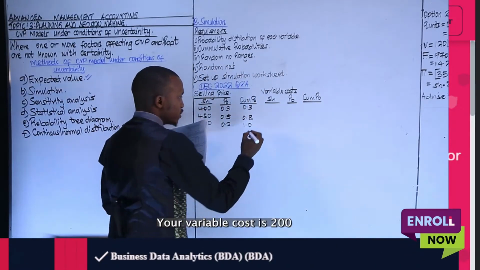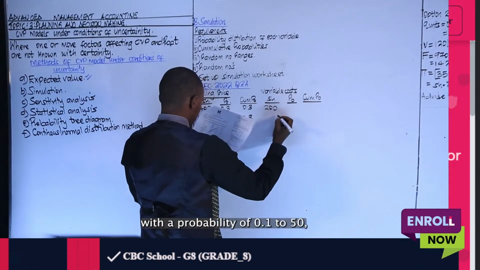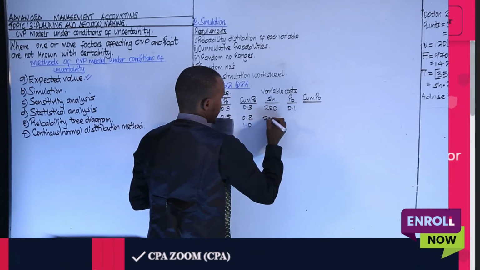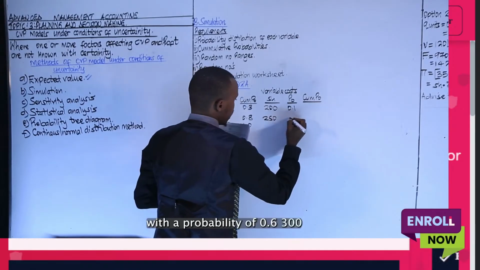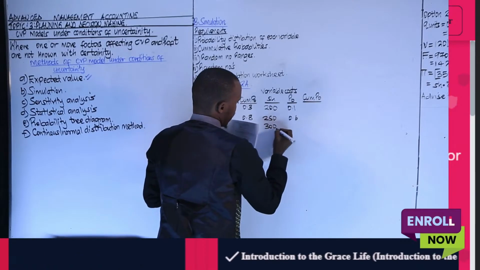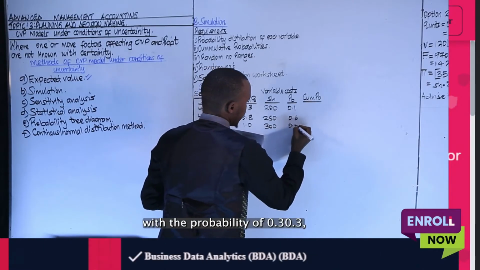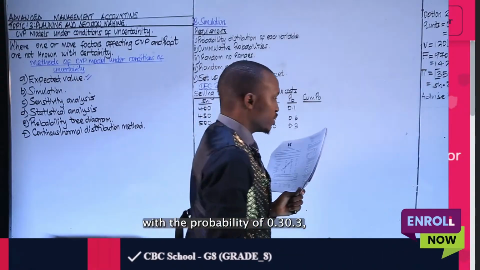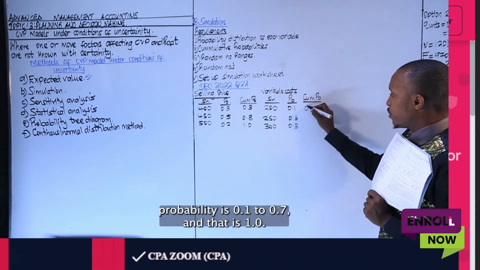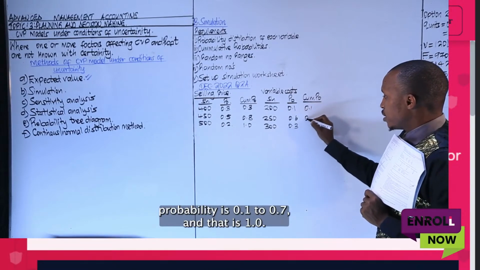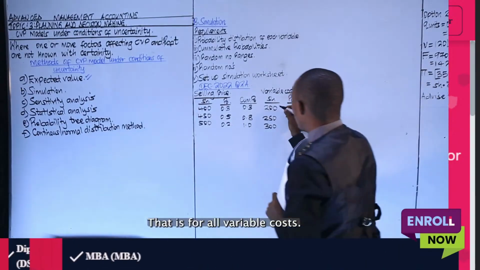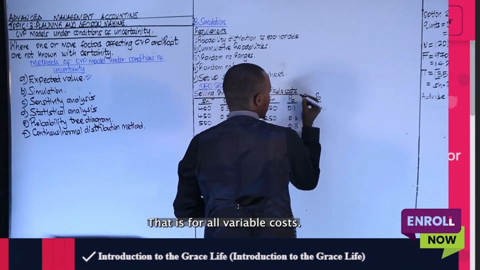Your variable cost is 200 with a probability of 0.1, 250 with a probability of 0.6, 300 with a probability of 0.3. So that now your cumulative probability is 0.1, 0.7 and that is 1.0. That is for variable costs.